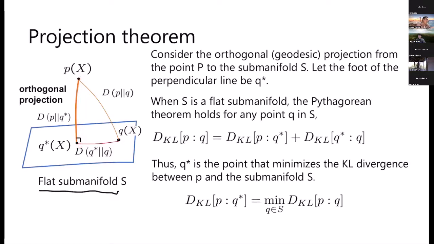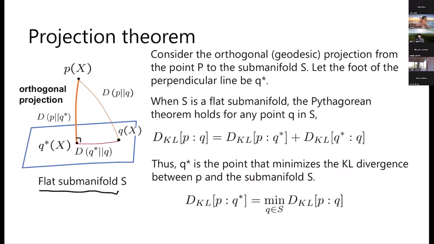Then when S is a flat submanifold, the Pythagorean theorem holds for any point Q in S: divergence PQ is equal to PQ star plus Q star Q. Thus Q star is the point that minimizes the KL divergence between P and the submanifold S, right?